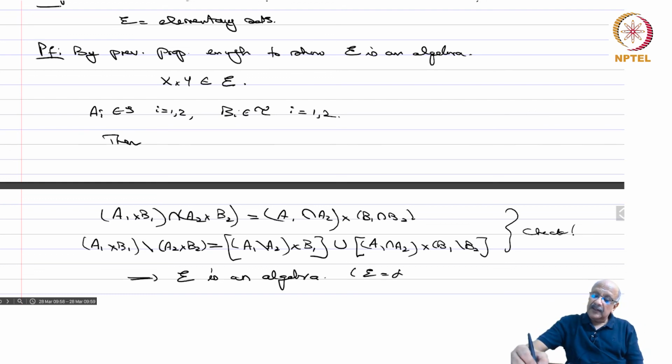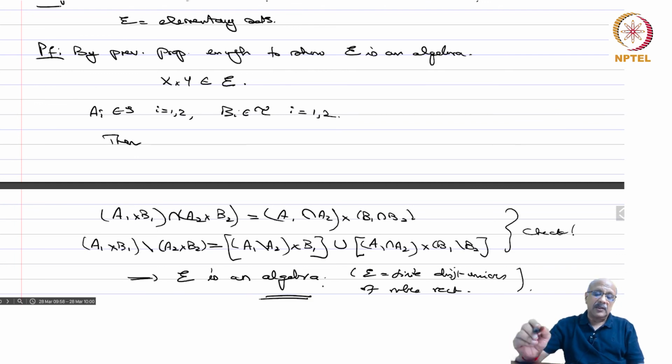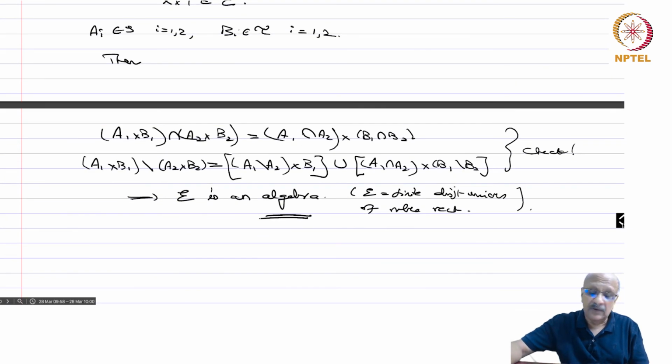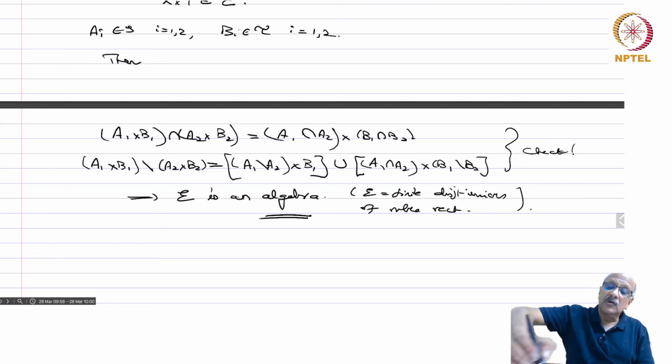E equals finite disjoint unions of measurable rectangles. And that is again an algebra, and then by the previous theorem we know that the sigma algebra generated by this and the monotone class generated by this are one and the same. So we will continue with this next time.